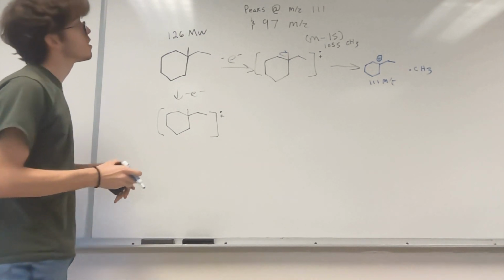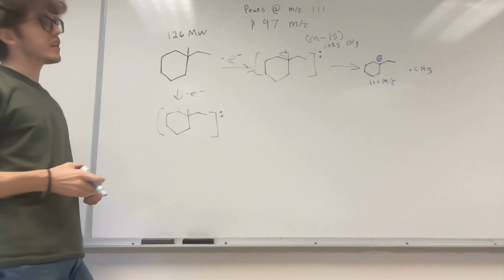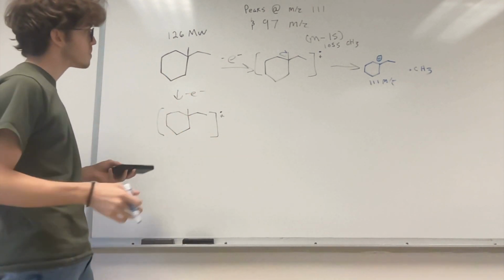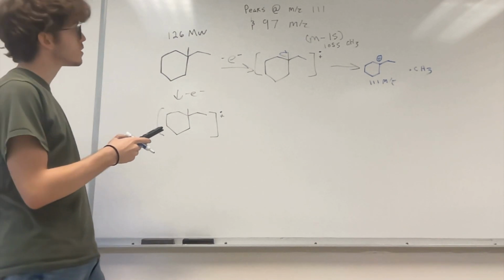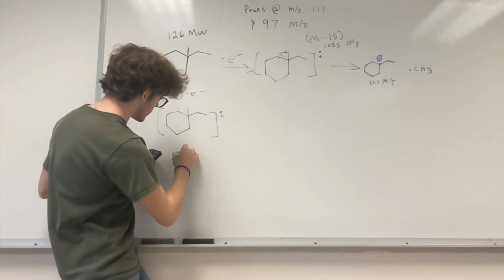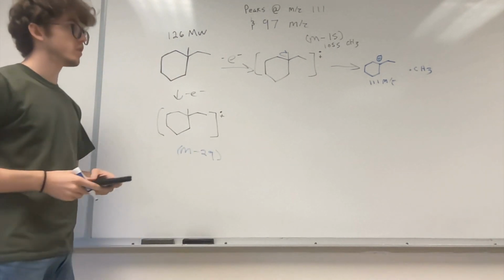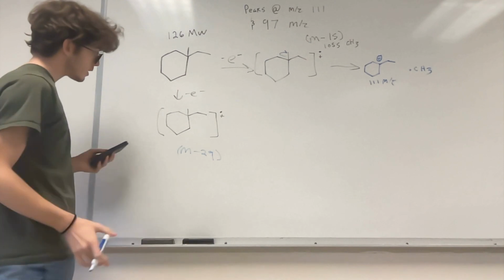Alrighty, now let's show the other one, 97 m over z. If we do some simple math, 126 minus 97 is a loss of 29 AMUs. So what does that mean?